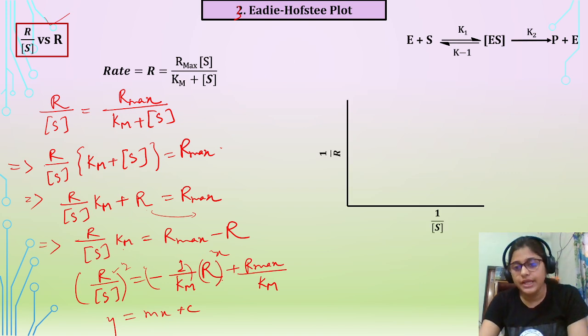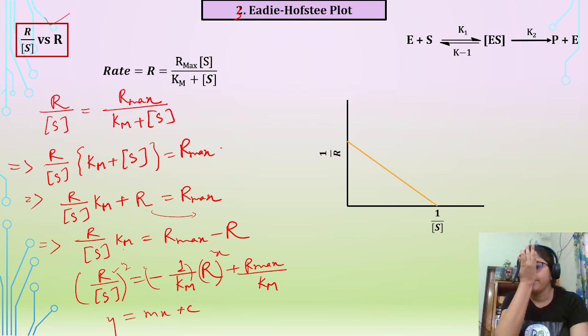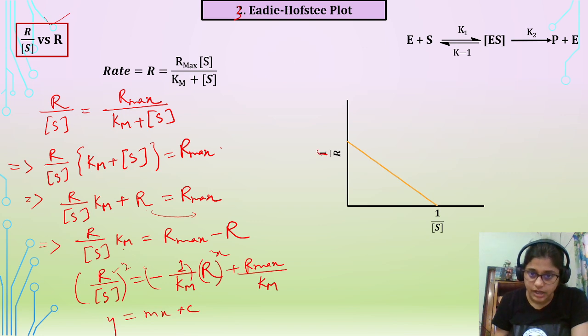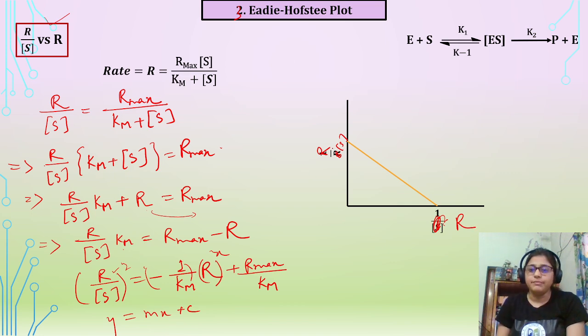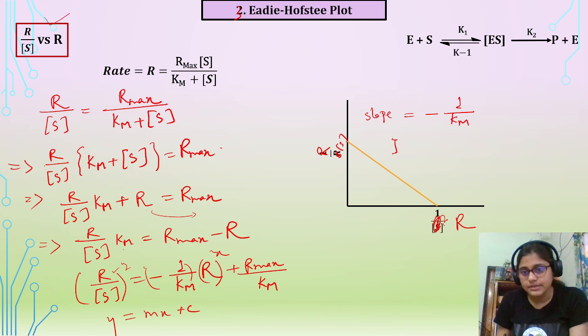So the plot will be R by S versus R, the slope will be negative, minus 1 by Km, and the intercept will be a constant value, R max by Km.